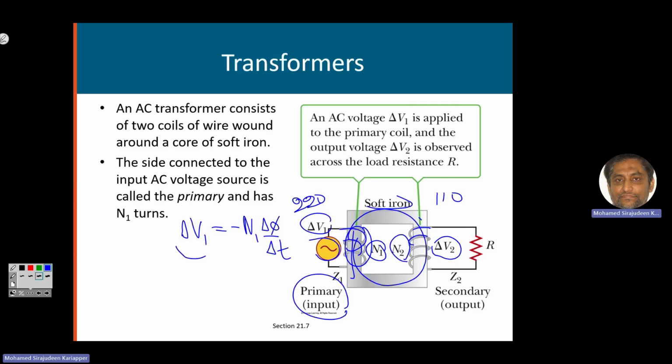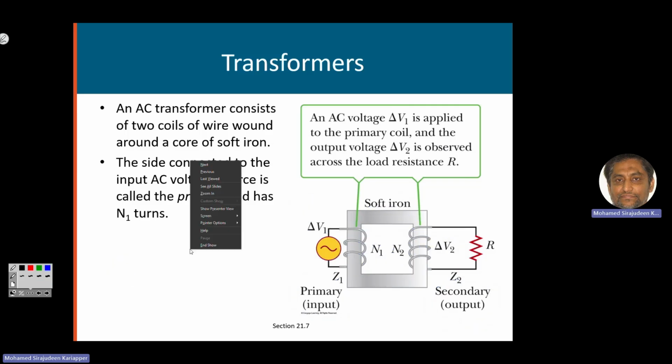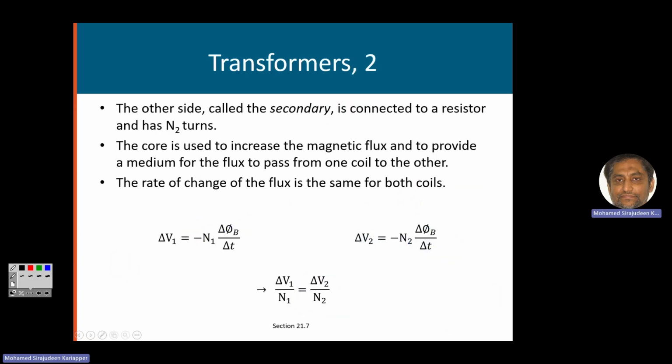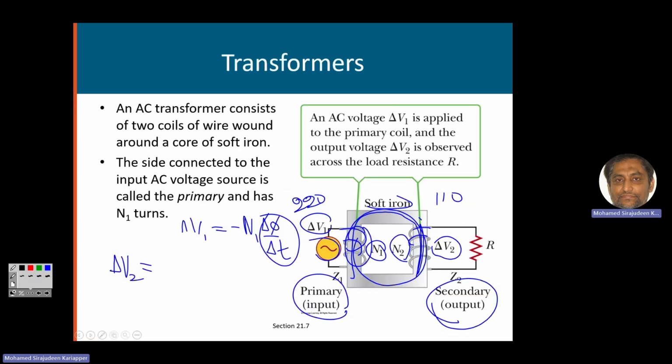Now the same magnetic flux is going through the secondary coil also, the output. And by the same rule, delta V2 will be equal to, the flux is the same, right? It is trapped in the core. So delta V2 will be the same rate of change of flux multiplied by N2 this time.